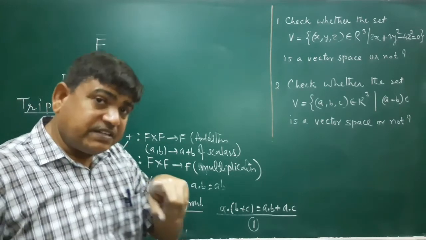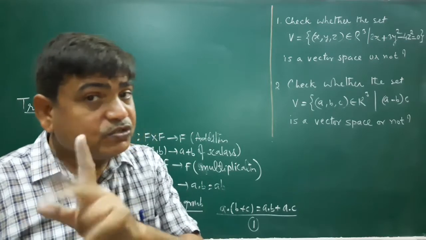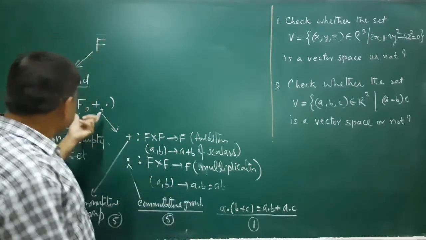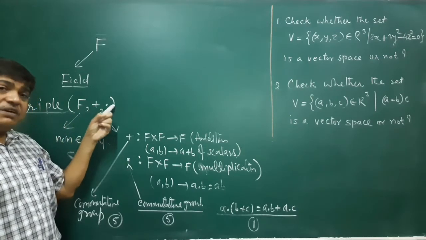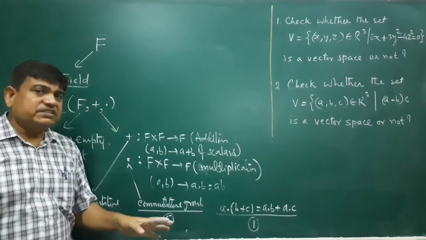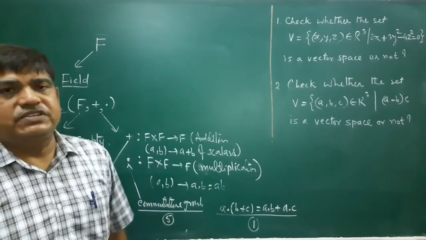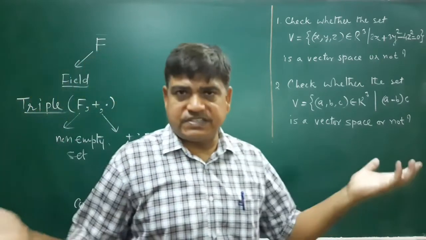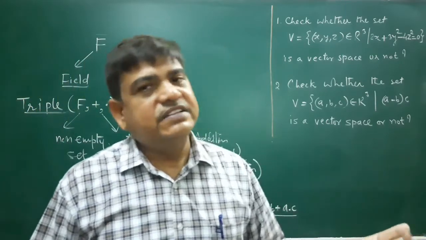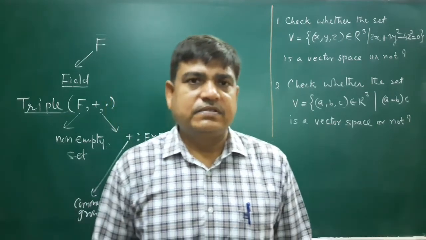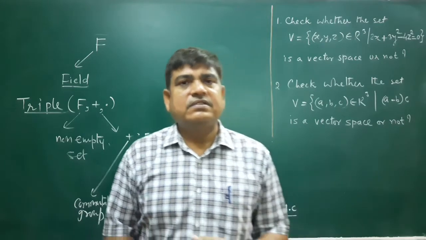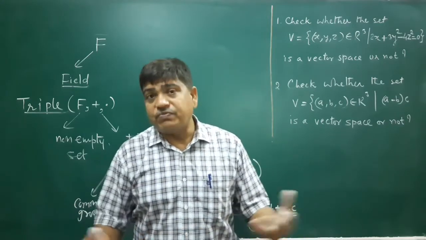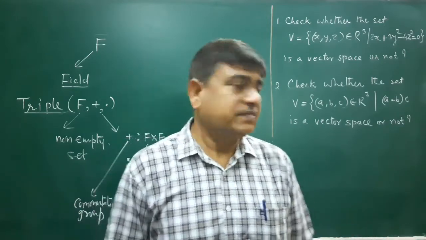Vector space is also a triple with 2 binary compositions. Here this is also a triple with 2 binary compositions, ordinary addition and ordinary multiplication. Ordinary addition means addition of numbers. In vector space, addition of vectors, maybe matrices, maybe polynomials, maybe functions, and all that.